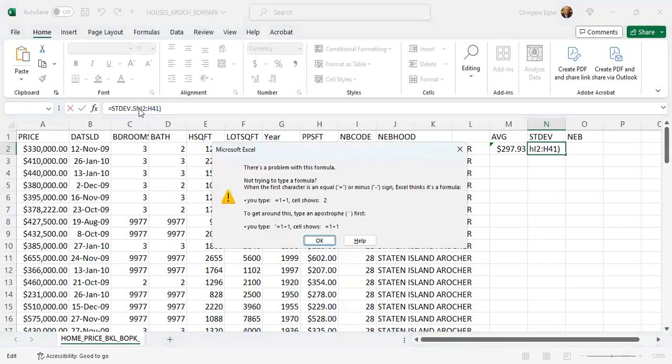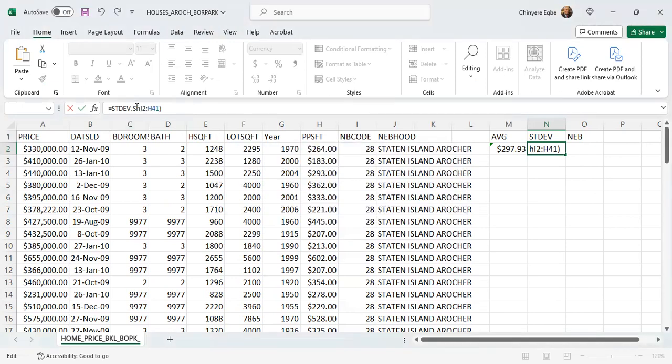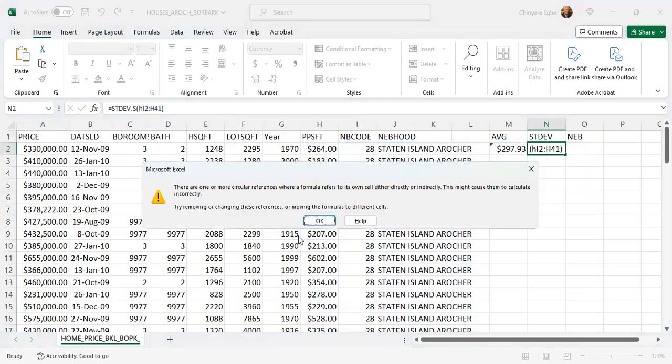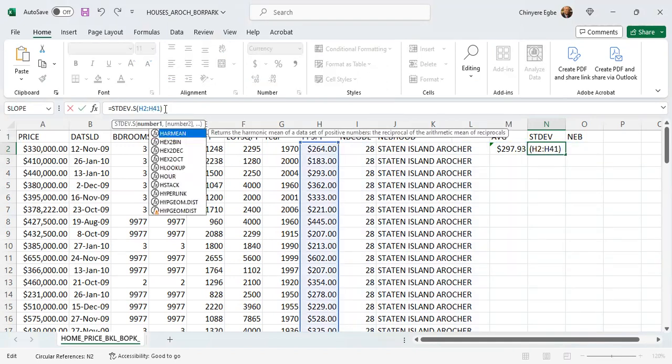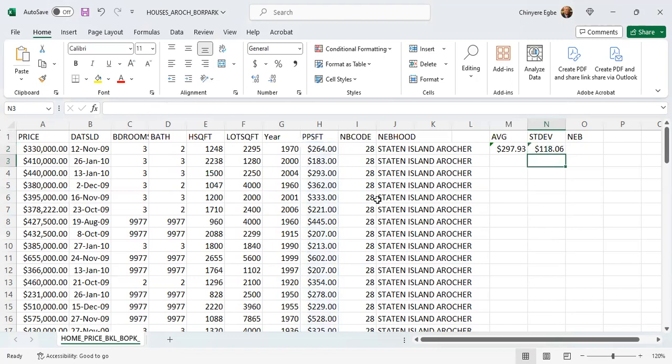It's missing a parenthesis. Yes, it's not in the parentheses. The typo. Yes, STDEV, H. Excuse me, I'm just making typos. Okay. So here you have the standard deviation.